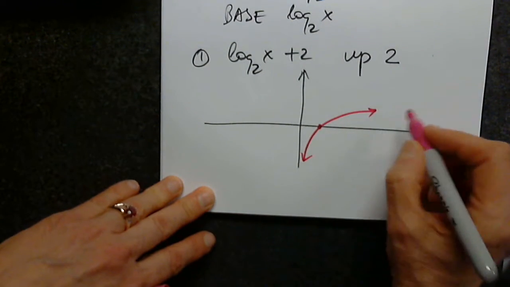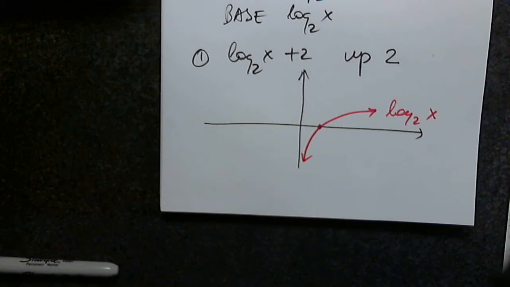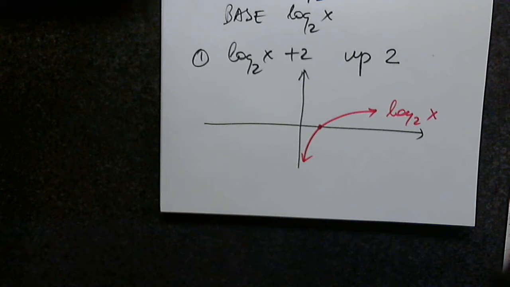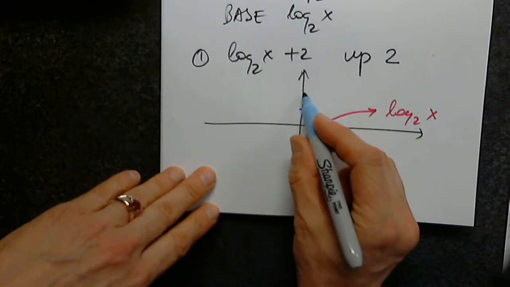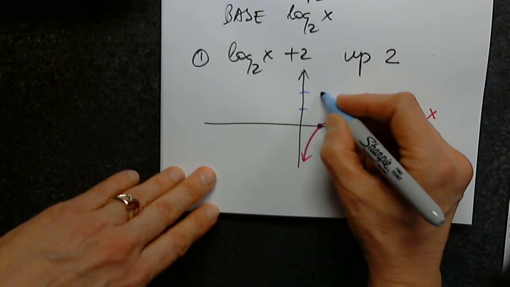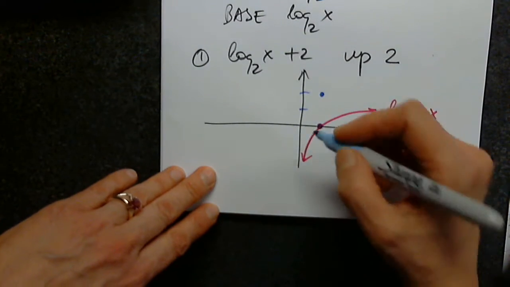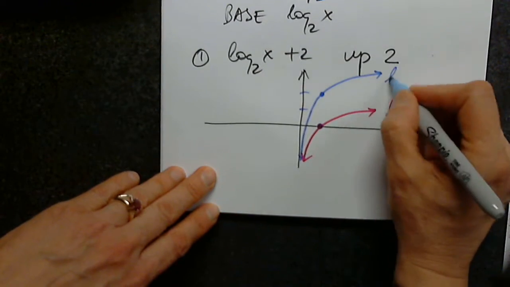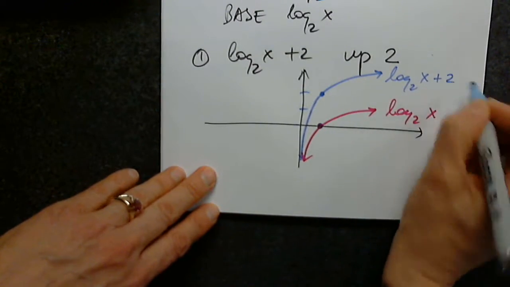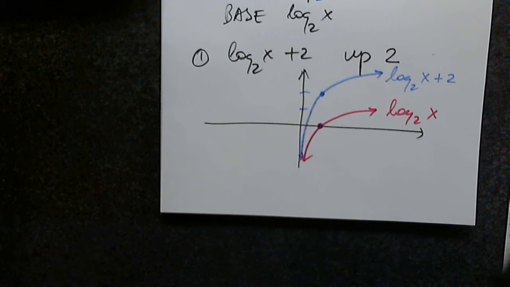So this is log base 2 of x. What do you want me to do with this function? You already told me. Up 2. So here's what I do. This is my marker, 1, 2. This point moves up here. Does the vertical asymptote change? No.